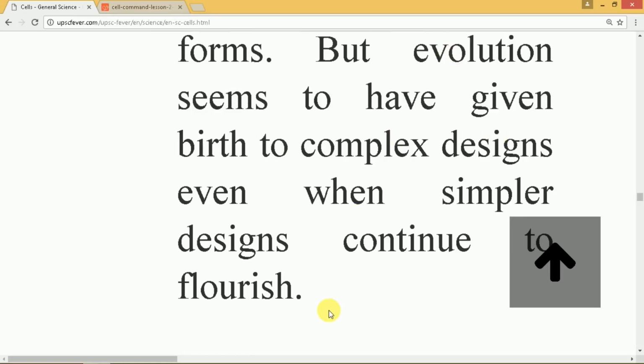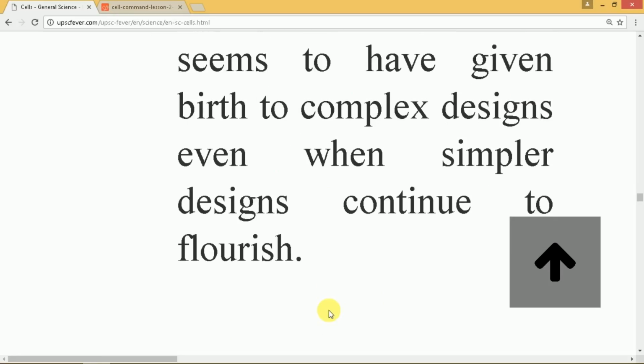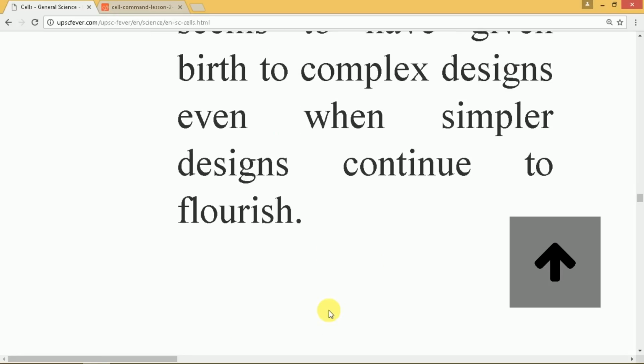The complex designs will be formed, however the simple designs shall continue to flourish. And this was the question asked in the UPSC IAS exams preliminary 2013.